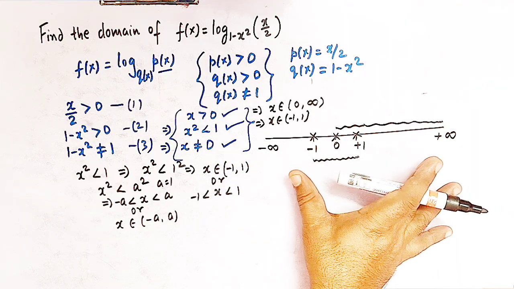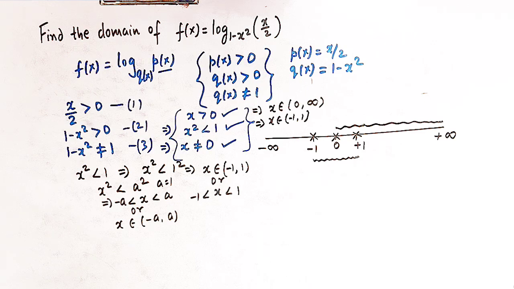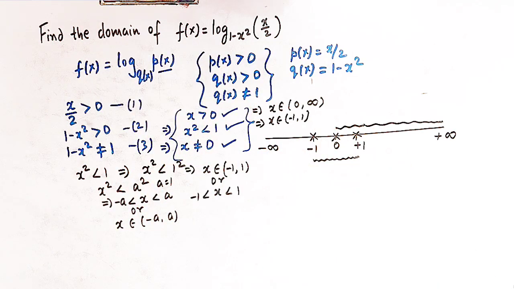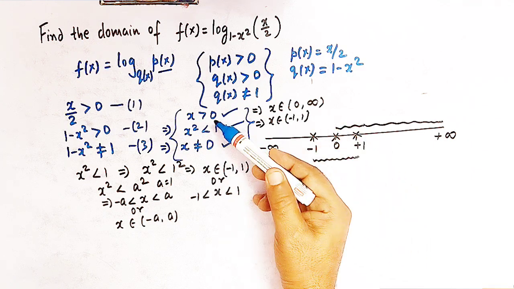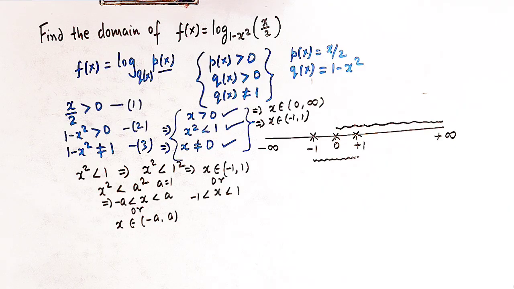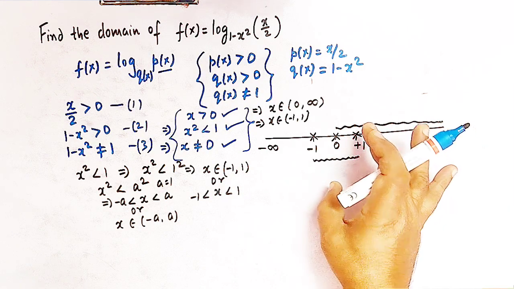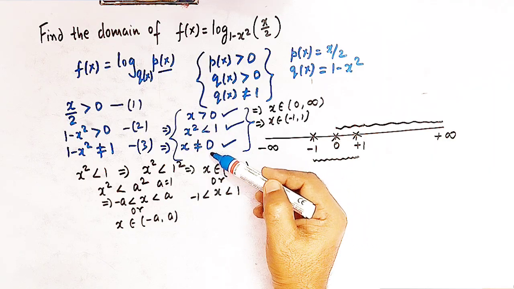So now we have this situation, and we have to extract the domain of this function by taking the intersection of these three conditions, right? So we have to identify the common region which belongs to all three conditions.